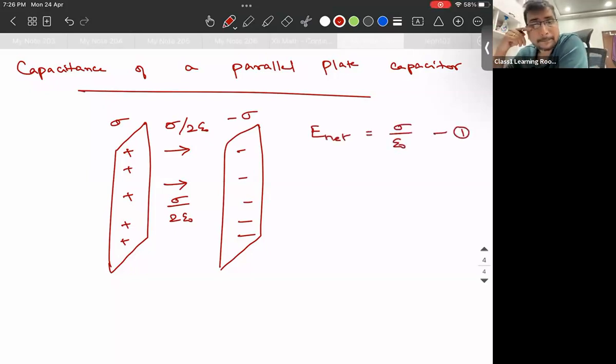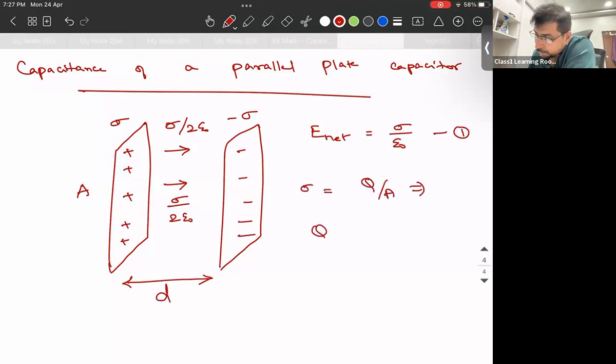First point to be noted. If I take the area of cross section of the plate to be A and the distance of separation between the plates to be D, then sigma is equal to Q divided by A, which implies Q is equal to sigma into A.